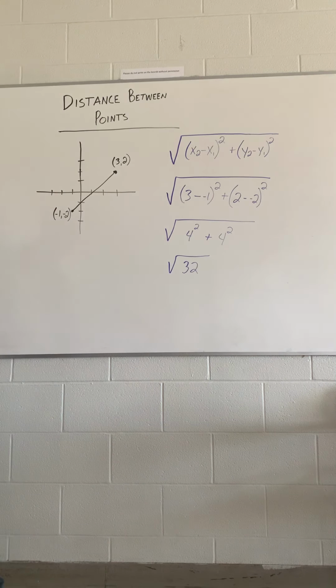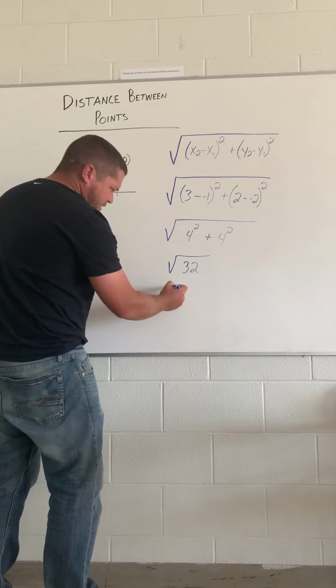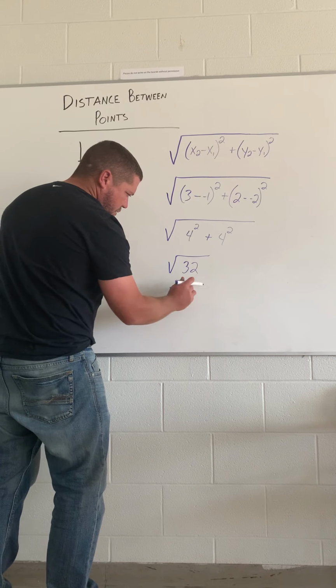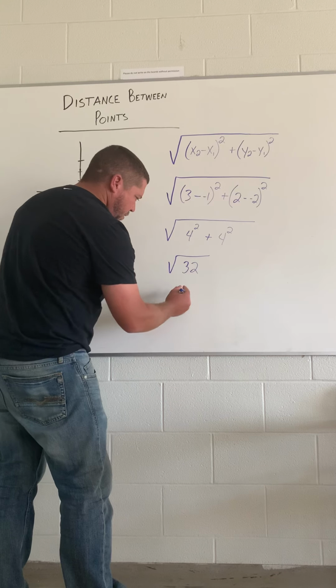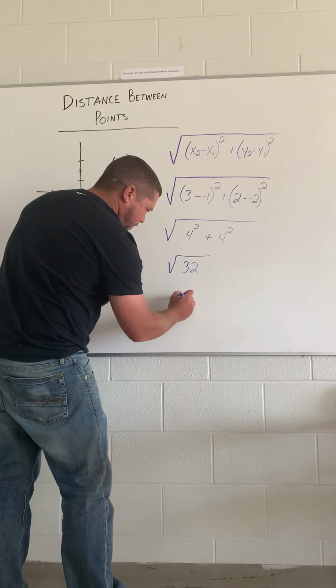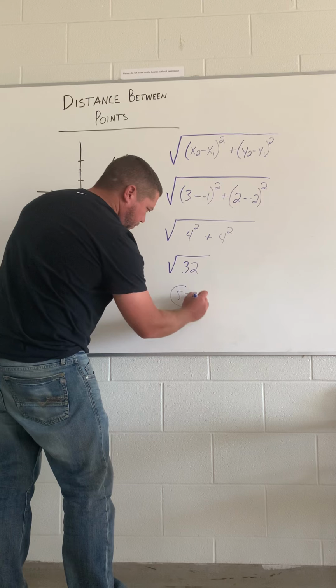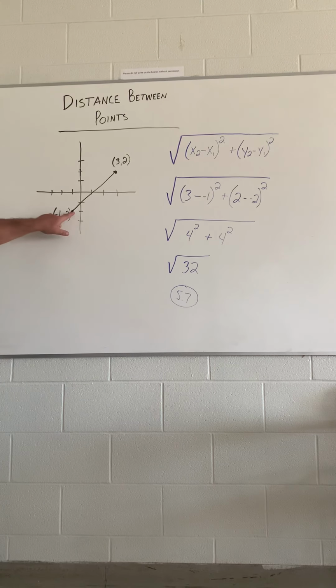And the square root of 32, I believe, is 5.7. So the distance from this point to this point is 5.7 units long.